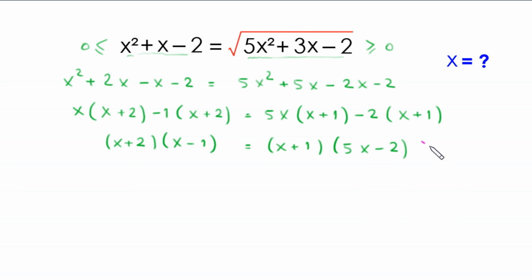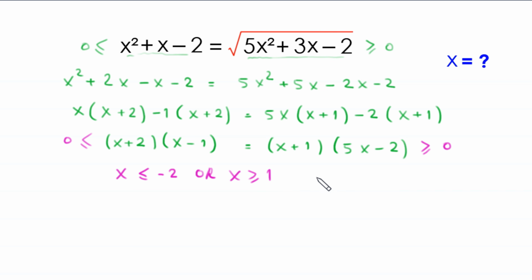Each expression must be greater than or equal to 0. This implies that x must be less than or equal to negative 2, or x must be greater than or equal to 1.